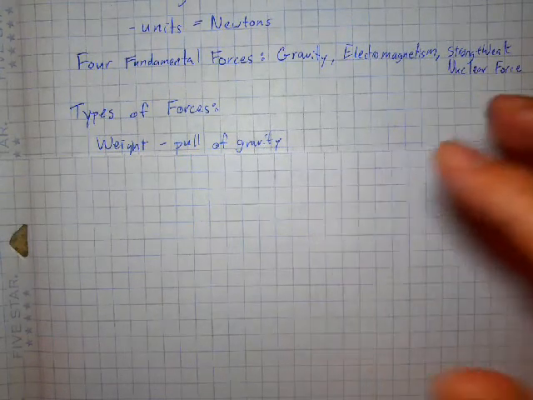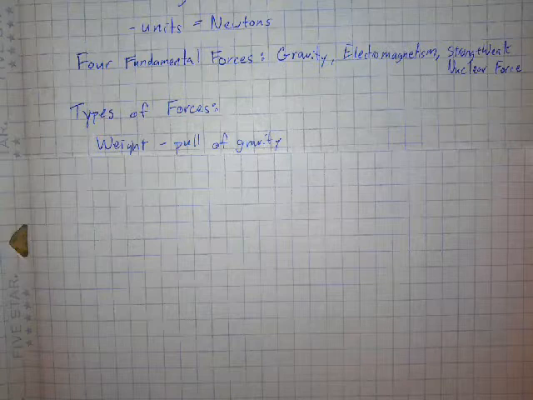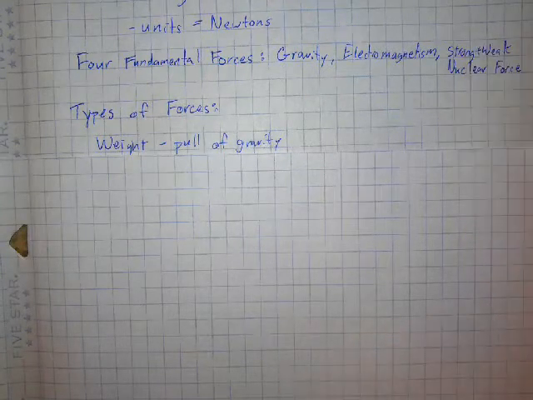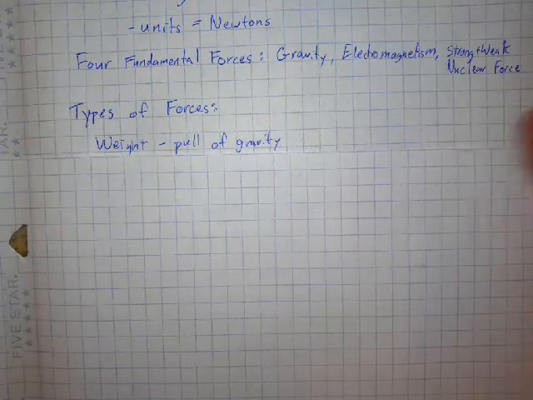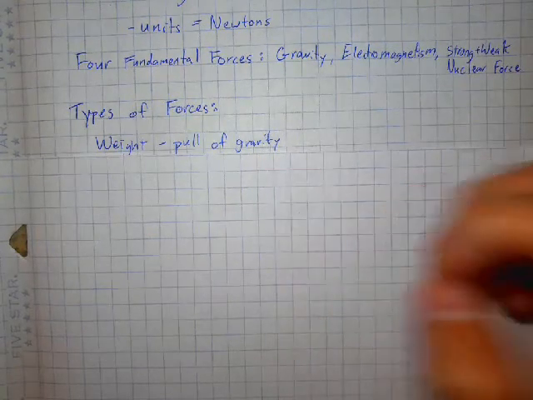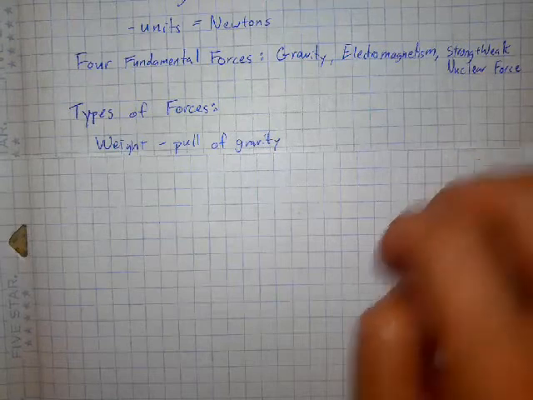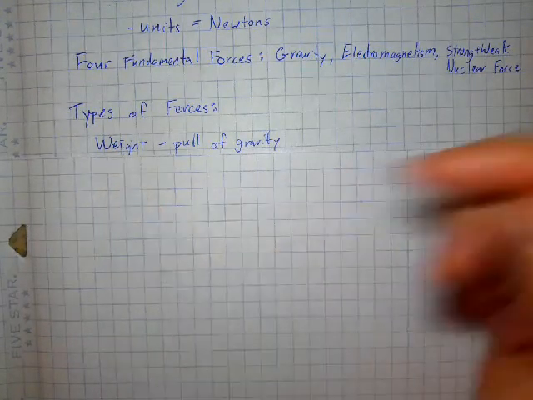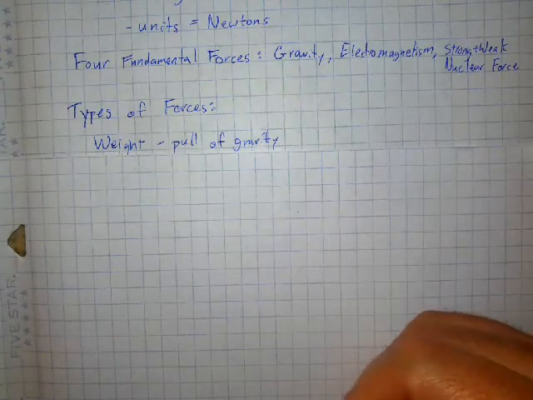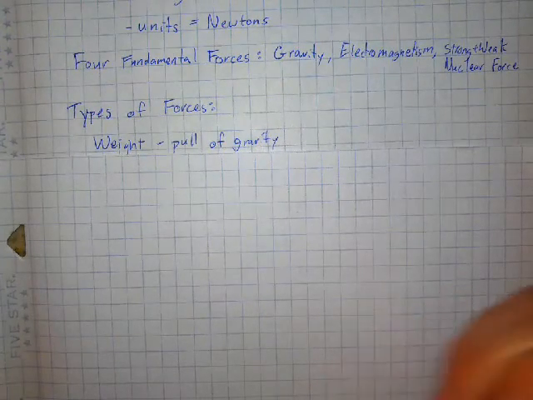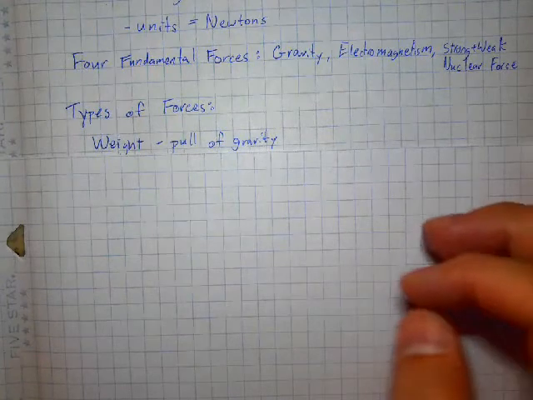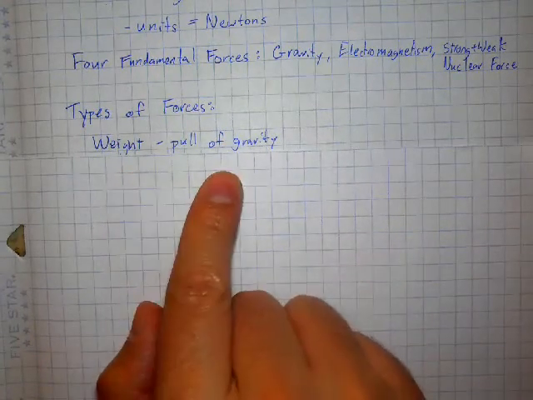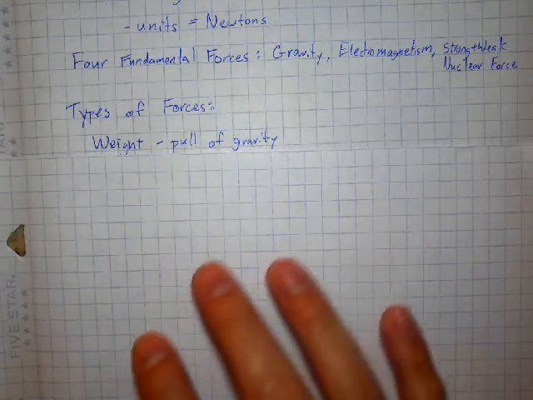So normally we would talk about all celestial objects, all objects above a certain mass, are going to have an appreciable amount of gravity, but everything actually has an attraction due to every other thing due to gravity. When we talk about weight, that's going to be something falling down to the surface of a planet or a moon or a star.